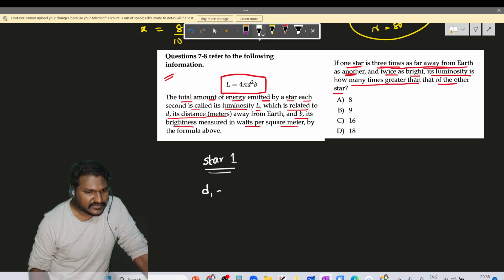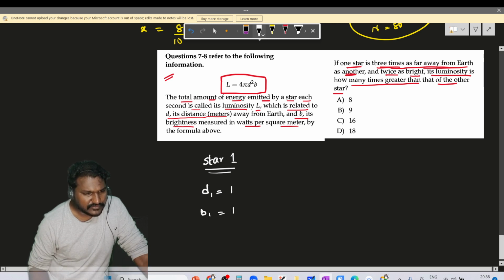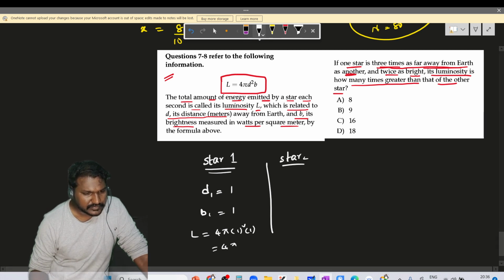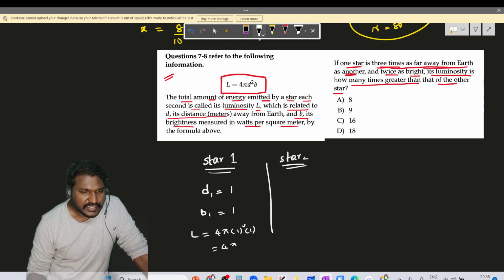Let d1 be 1, and b1 is 1. So L will be 4 pi times 1 square into 1, so that will be 4 pi. Star 2: now read the question. If one star is 3 times as far away from Earth, that means d2 is 3.